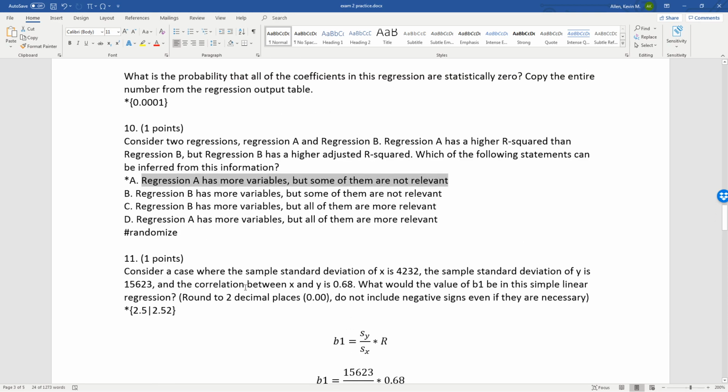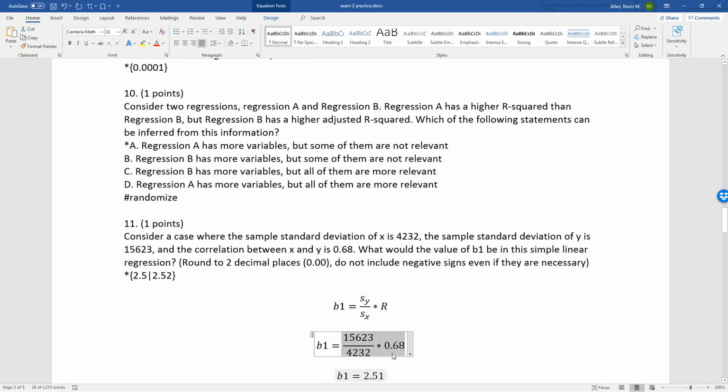For number 11, consider a case where the sample standard deviation of x is 4,232, the sample standard deviation of y is 15,623, and the correlation between x and y is 0.68. What would the value of B1 be in this simple linear regression? So this is just an equation from before. B1 equals the sample standard deviation of y divided by the sample standard deviation of x times the correlation.